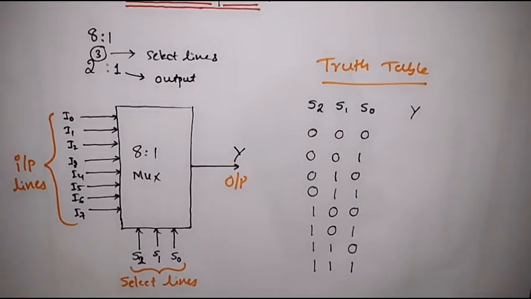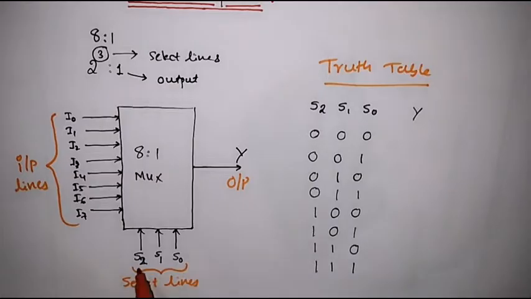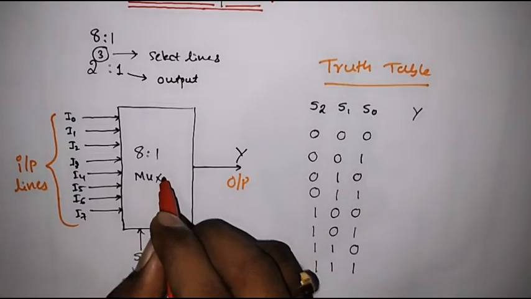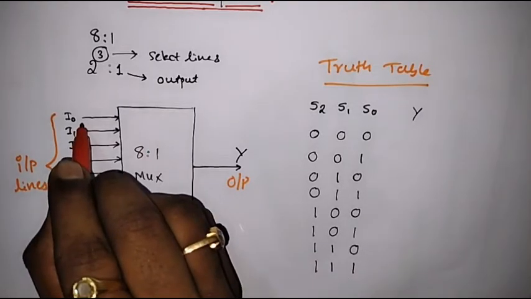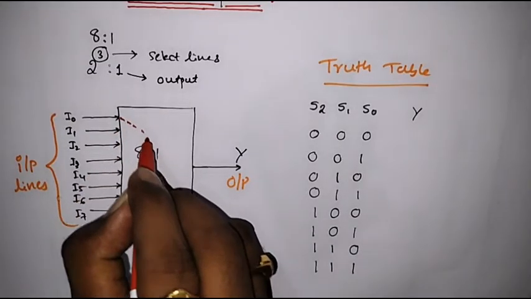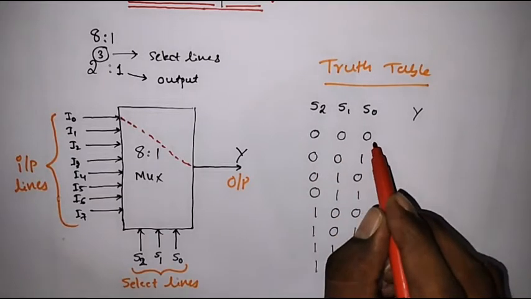So in multiplexer, suppose the select lines are 0, 0, 0, that is S2 is 0, S1 is 0 and S0 is 0. In that case, the multiplexer will select the input line I0, that is internally I0 will be connected to Y when select lines are 0, 0, 0.